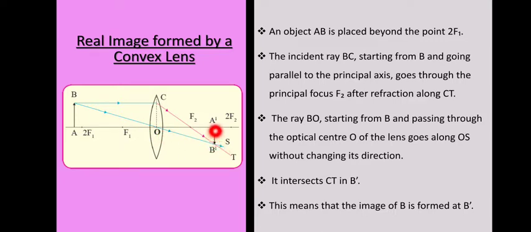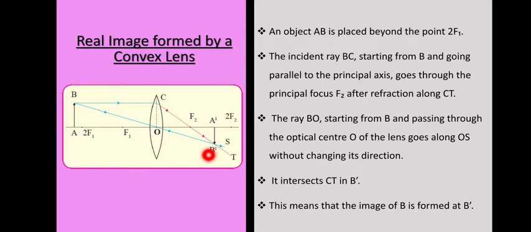Right? So, the image will be inverted, of course. The ray BO starting from B and passing through the optical center O of the lens goes along OS without changing its direction. So, it will intersect the ray CT at point B prime.